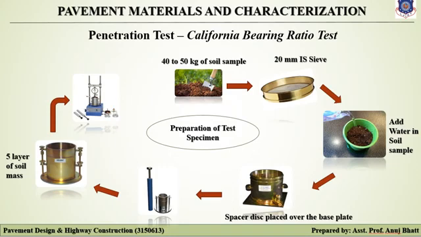So now our next target is to perform a penetration test. For that, the mold with the specimen is clamped over the base plate and the same number of surcharge weights are placed on the specimen. The mold with the base plate is placed under the penetration plunger of the loading frame.